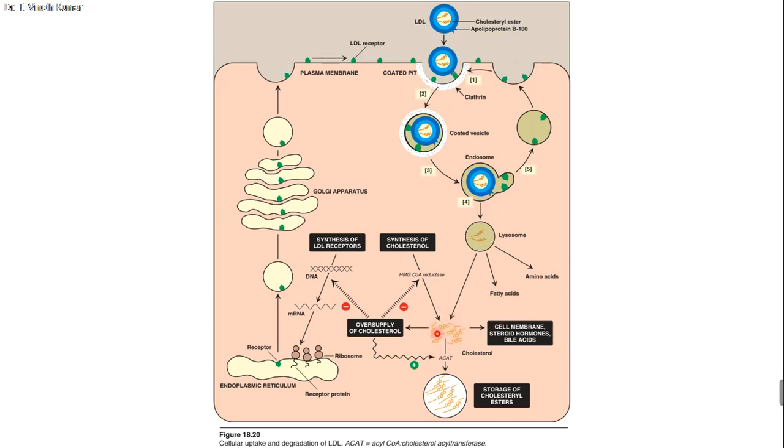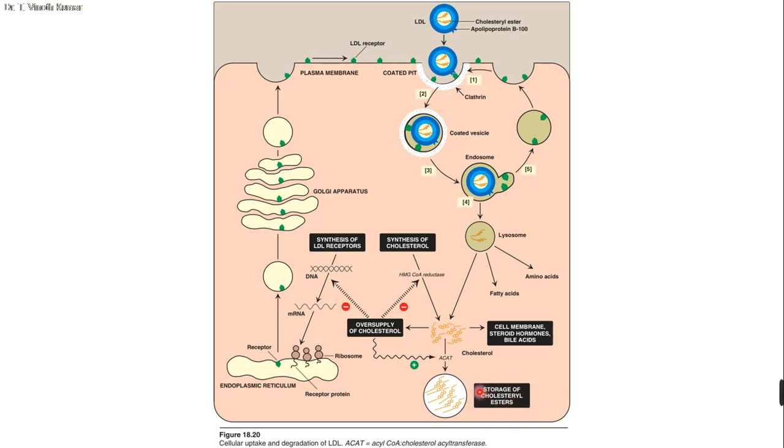This free cholesterol goes to the cell membrane, or is used for steroid hormone and bile acid synthesis. By the action of ACAT, acyl-CoA cholesterol acyltransferase, cholesterol is converted to cholesterol ester. Cholesterol esters are not a toxic form, not lethal, and may be stored further.